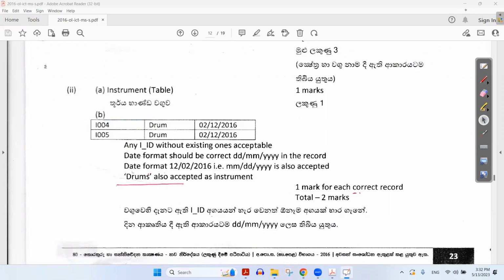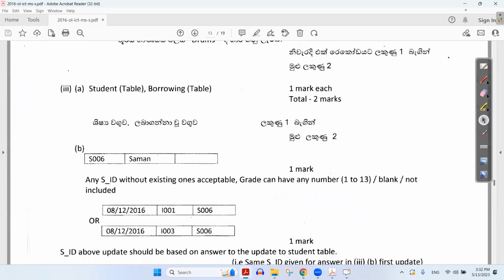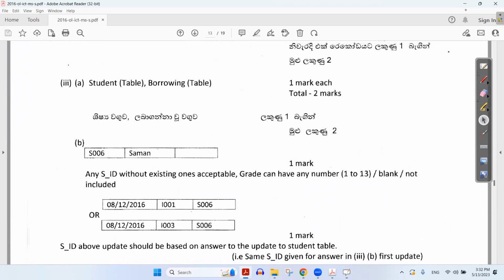Right. And for that, 2 marks for each correct line. And yeah, this is the last one. So the student table and the borrowing table should be updated.